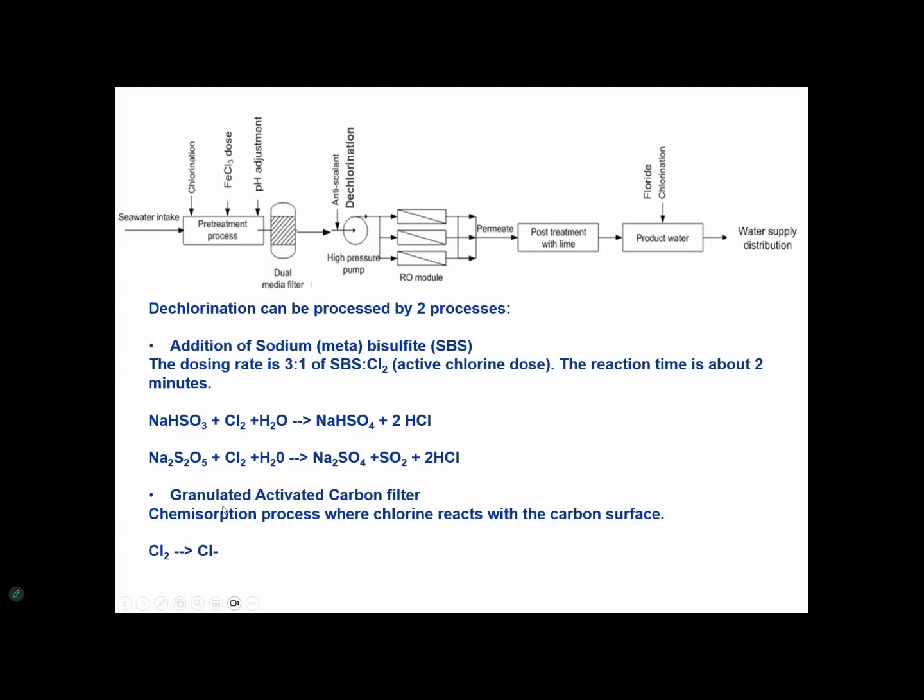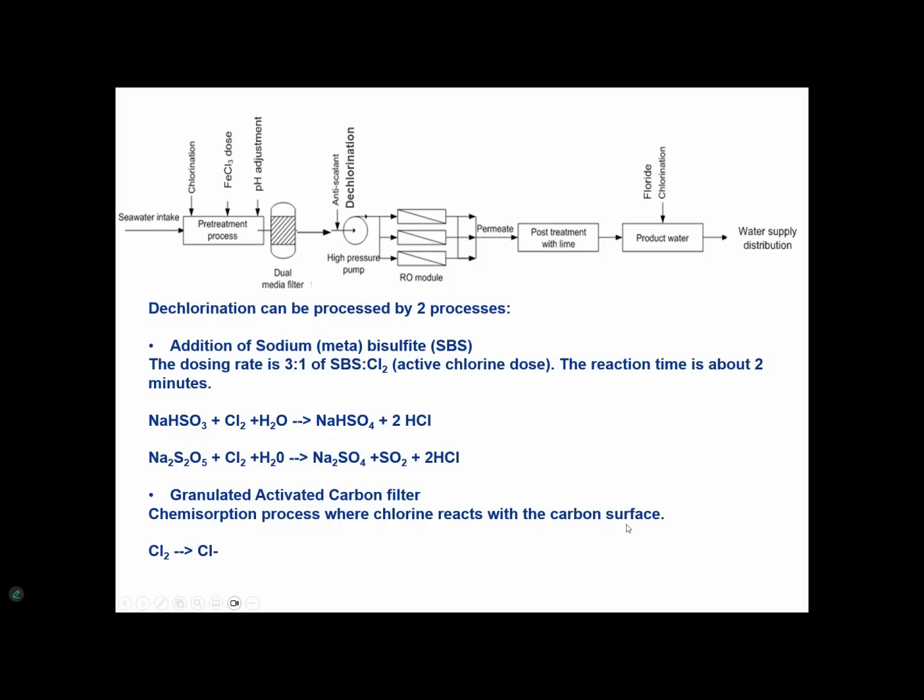Also, you can use the granular activated carbon, so a lot of people still utilize the dual media filtration or multimedia filtration as a pretreatment, because organic compounds attached to your media filter combined with the chlorine react with the carbon.